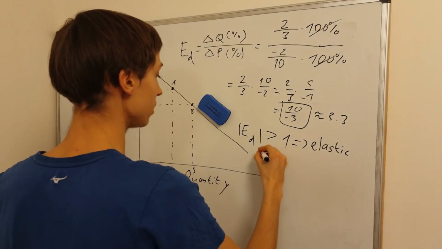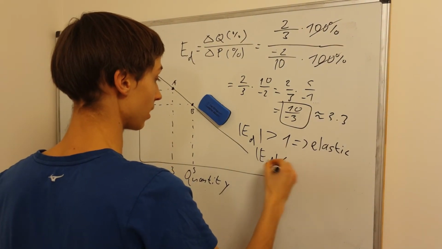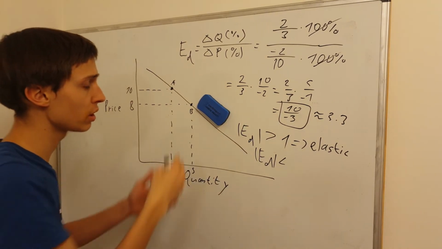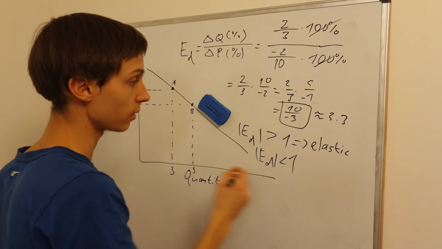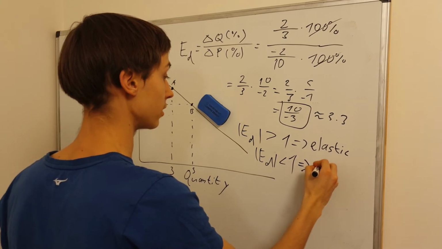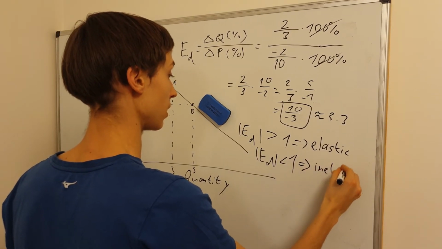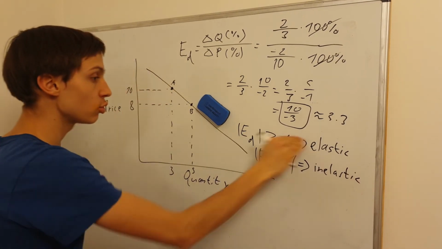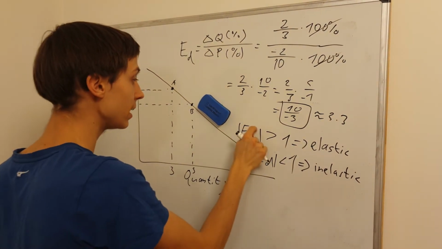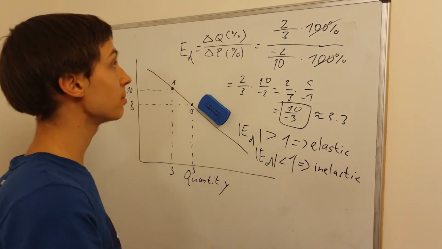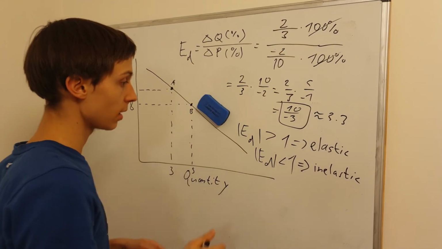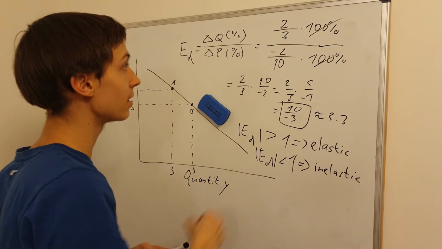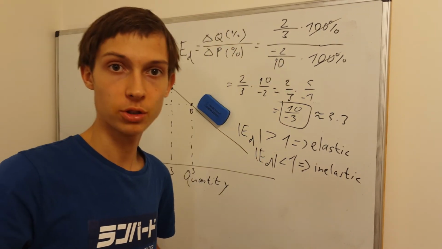And if the absolute value of ED, and it's just to get rid of this minus I spoke about, is smaller than 1, then it is inelastic. The only difference between these two cases is that when ED is bigger than 1, it just means that the ratio between these two fractions tells us that the second one is bigger than the first one.